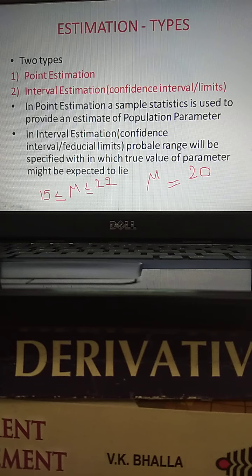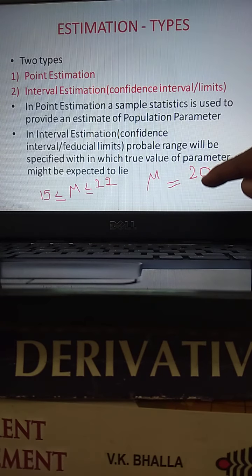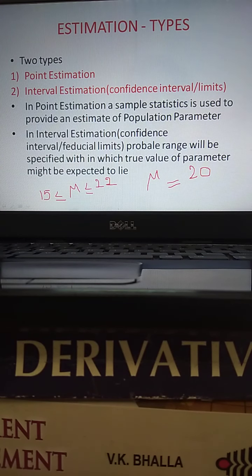So estimation is of two types. One is called point estimation and the other is called interval estimation. In point estimation, you are pointedly giving a single numerical value as the answer for the population information. Population parameters are nothing but the population information: population mean, population variance, population correlation coefficient, population regression, whatever it may be.